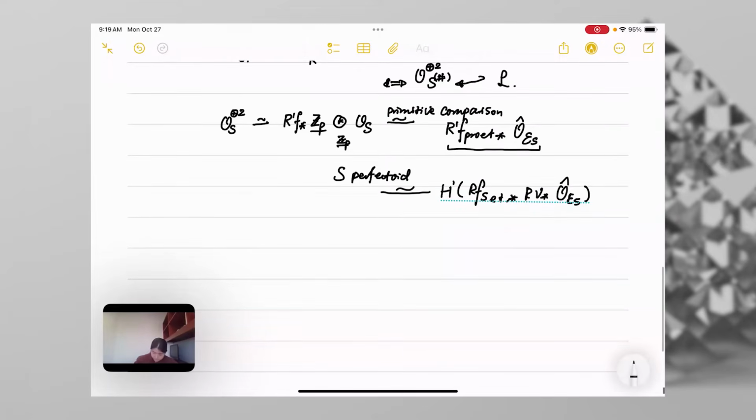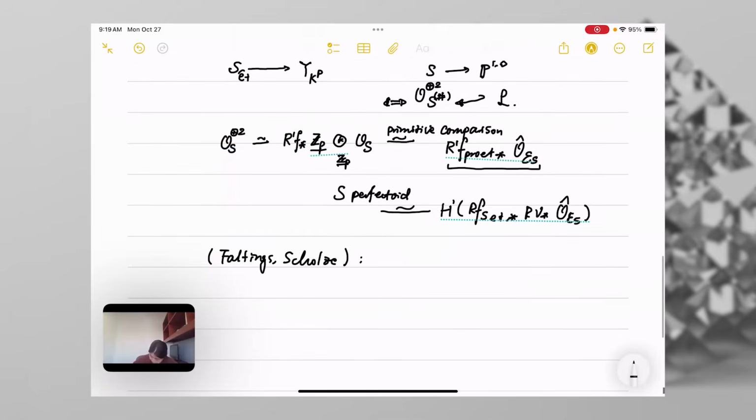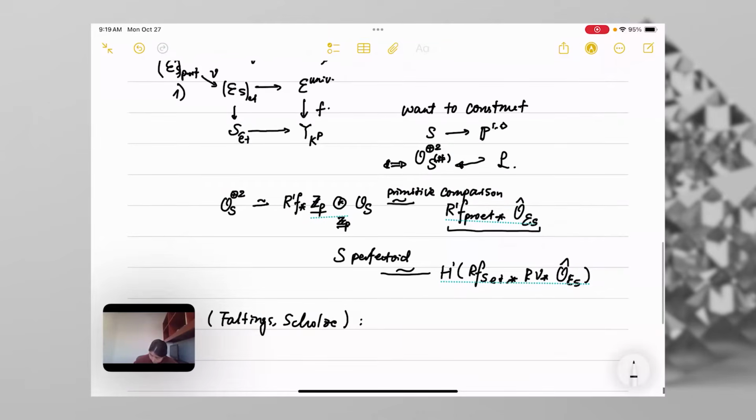Now one can use the wonderful fact of Faltings and Scholze that if you push forward the structure sheaf from the pro-étale side to the étale side, then in degree 0 you get the structure sheaf, but in higher degrees you get differentials.